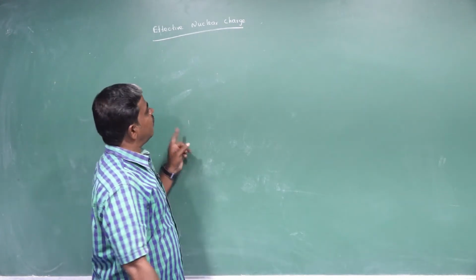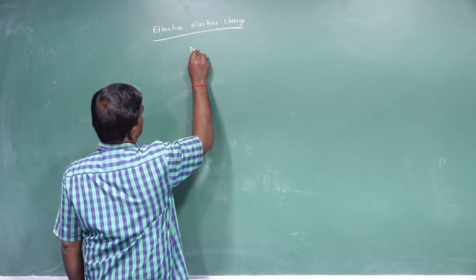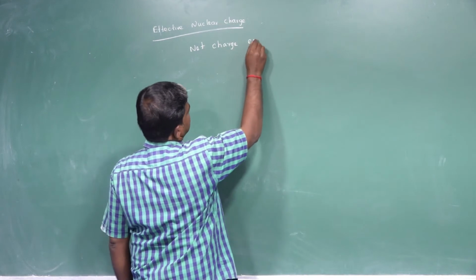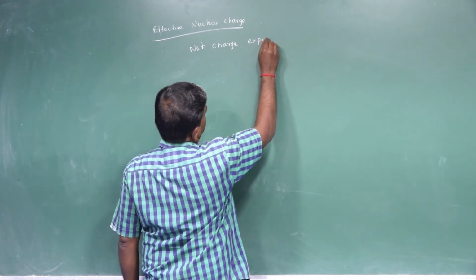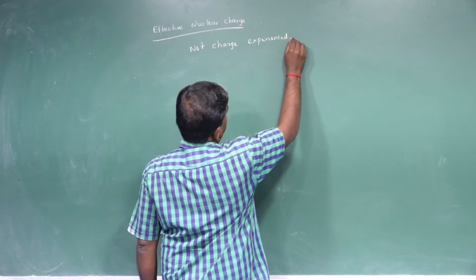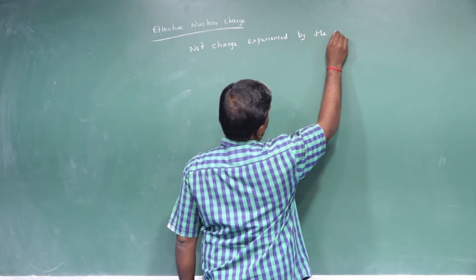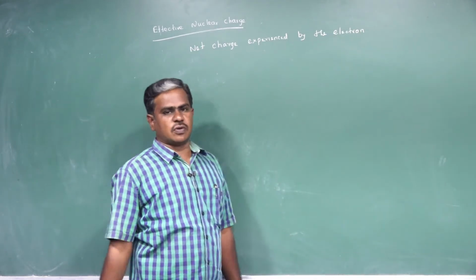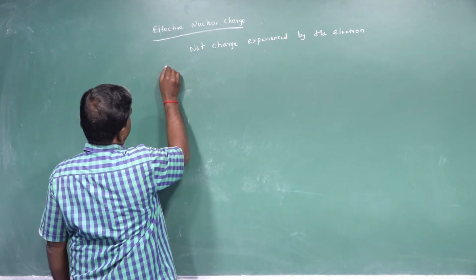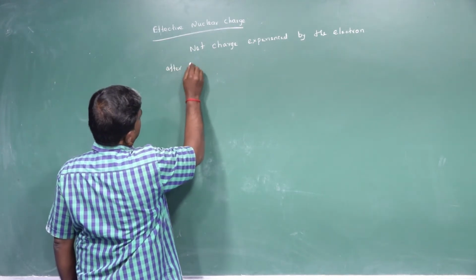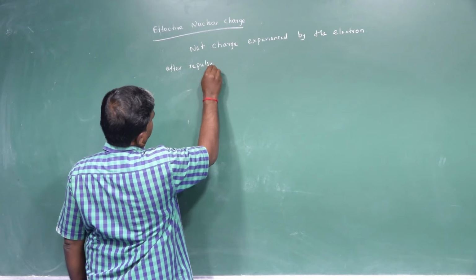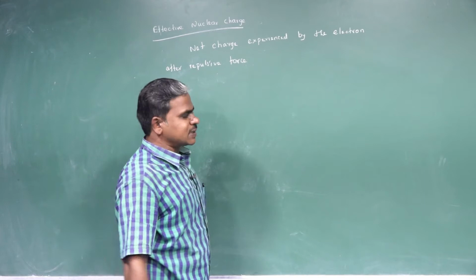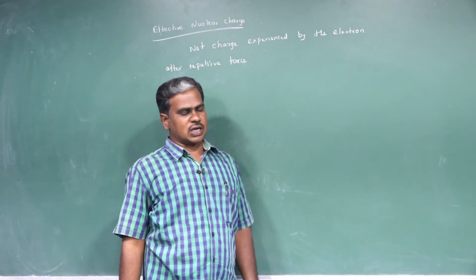So it is the net charge experienced by the electron after the repulsive force, and that is known as effective nuclear charge.